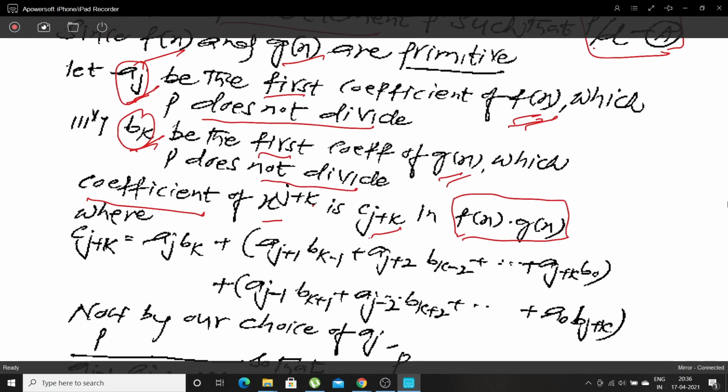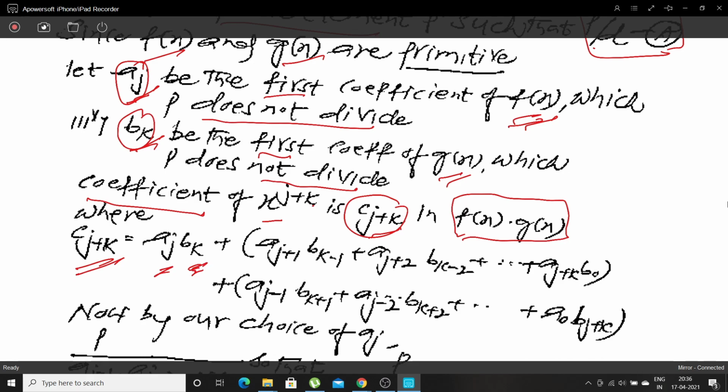When you multiply these two polynomials, we get a term like this: cj plus k will have terms of this type, aj bk, then j plus 1, j plus 2, up to j plus k, going on increasing the suffix of a, and decreasing the suffix of b.